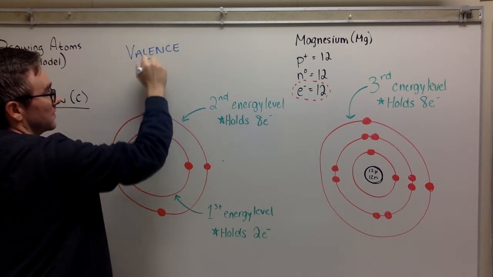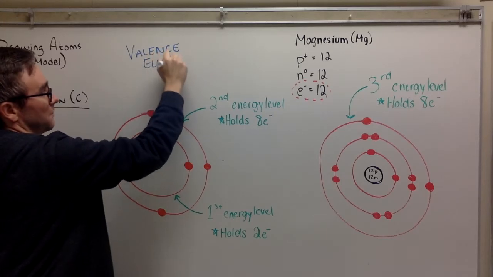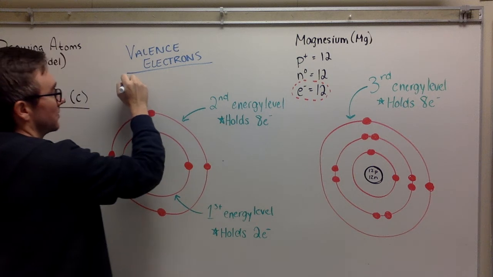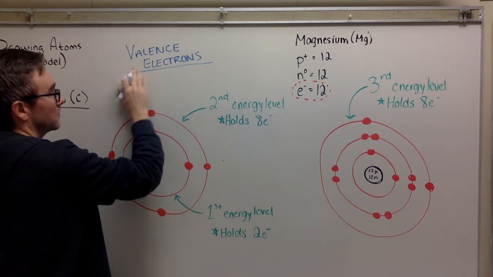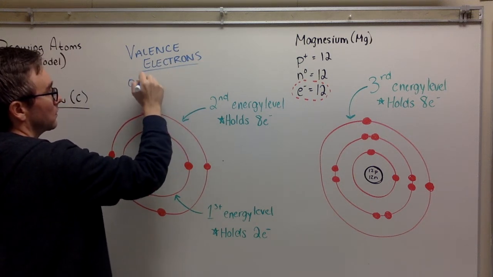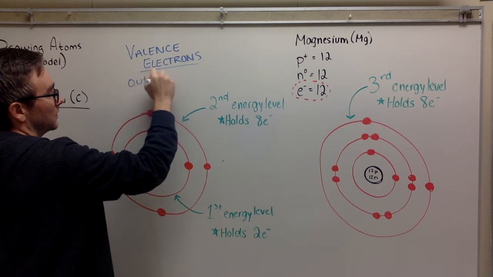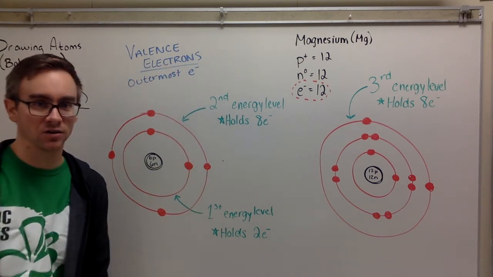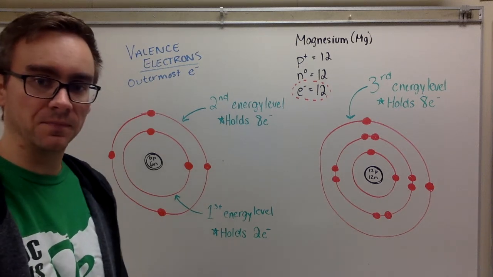Valence electrons. That's a big one. We're going to be spending a lot of time talking about these guys. These are the outermost electrons.